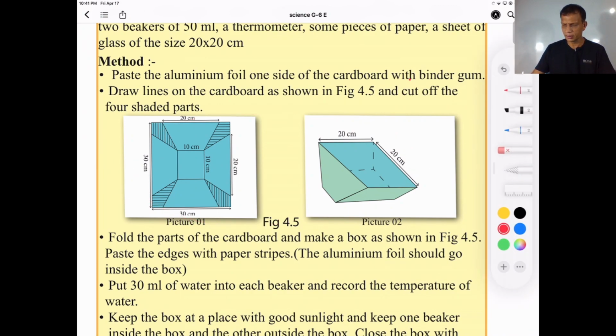You can see the measurements are indicated by the red lines I am showing you. You can get the help of your adult, they are at home right now. So you can make the model of the solar thermal cooker.